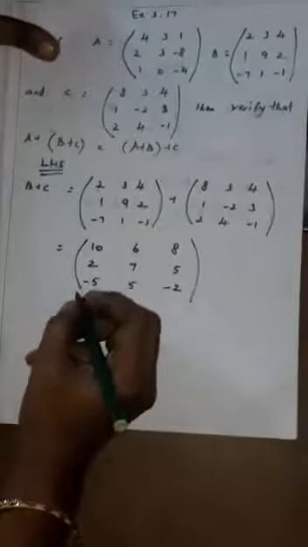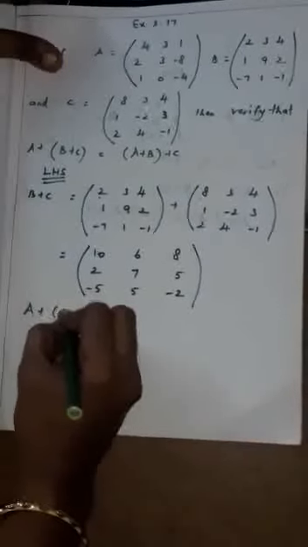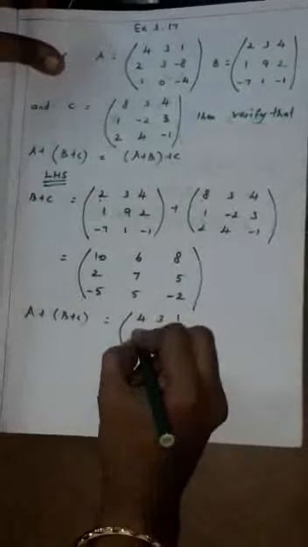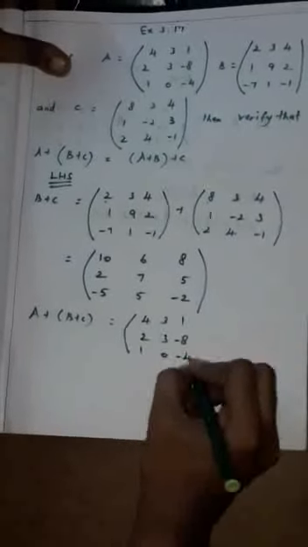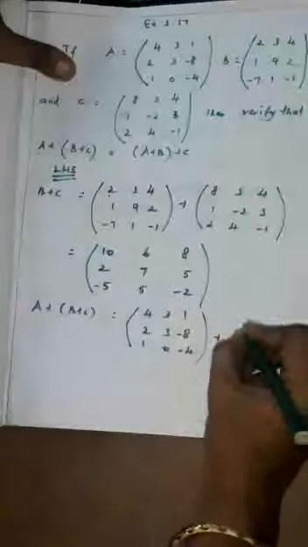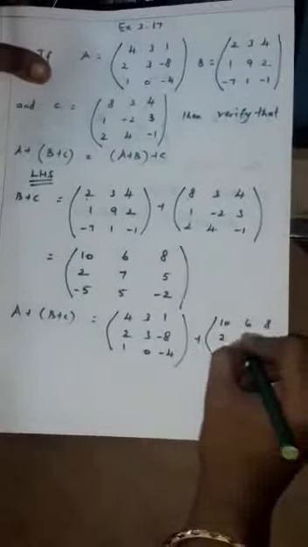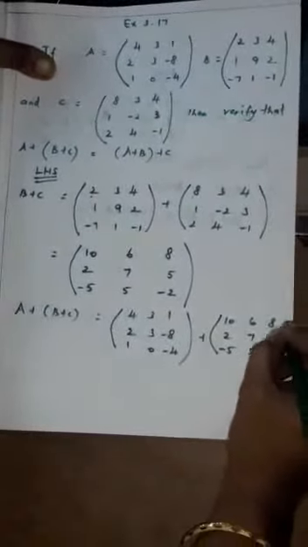The next one, A plus (B plus C). So write the A matrix elements first: 4, 3, 1, 2, 3, -8, 1, 0, -4, plus B plus C, already found, 10, 6, 8, 2, 7, 5, -5, 5, -2.